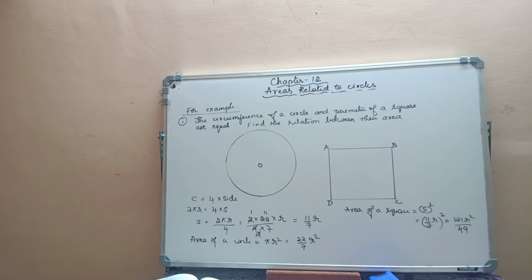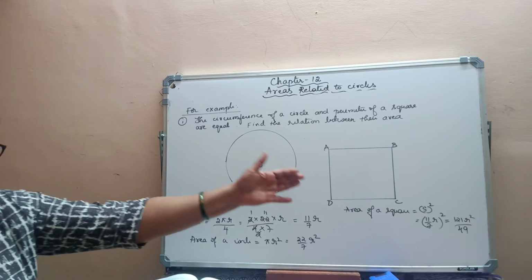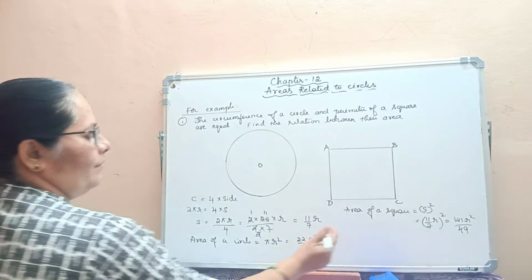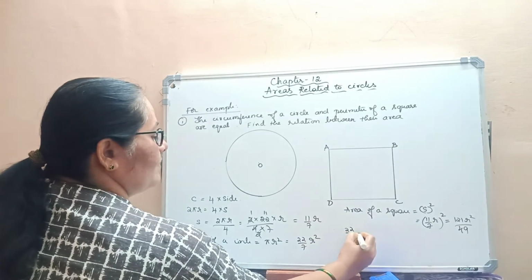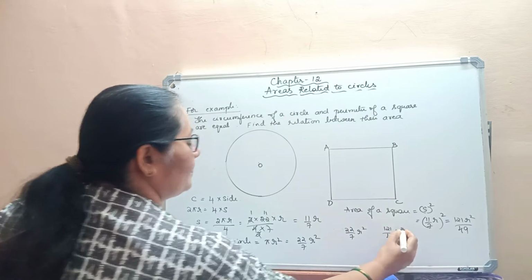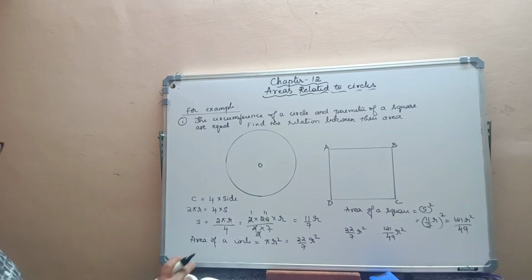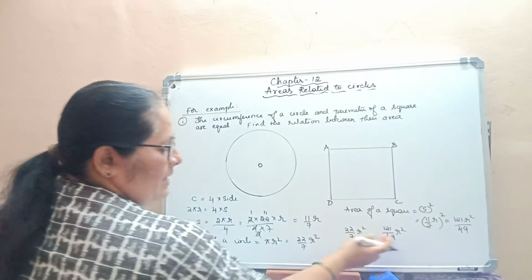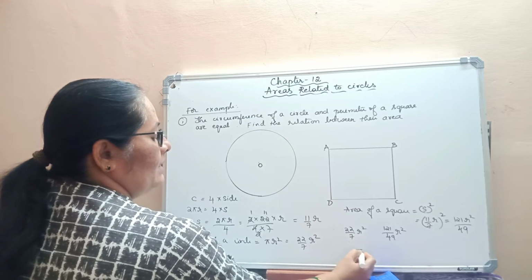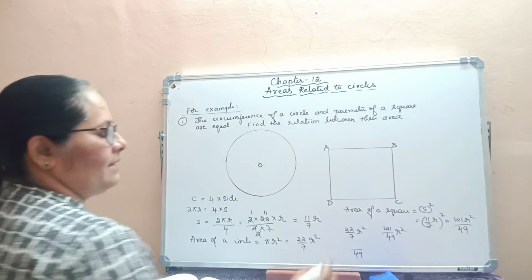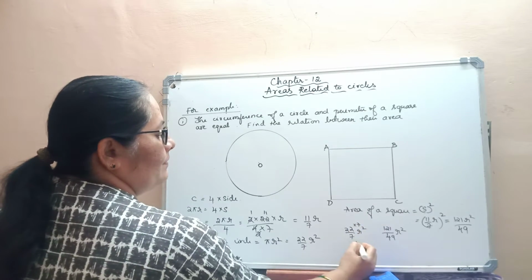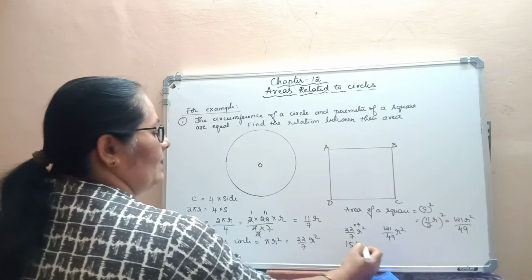Now, which has more area, circle or square? Compare these two areas, 22 by 7 r square and 121 by 49 r square. So I will make a common denominator, then I will get 49 here. Multiply both sides by 7. So 7 sevens are 49, 7 twos are 14, 154 r square.